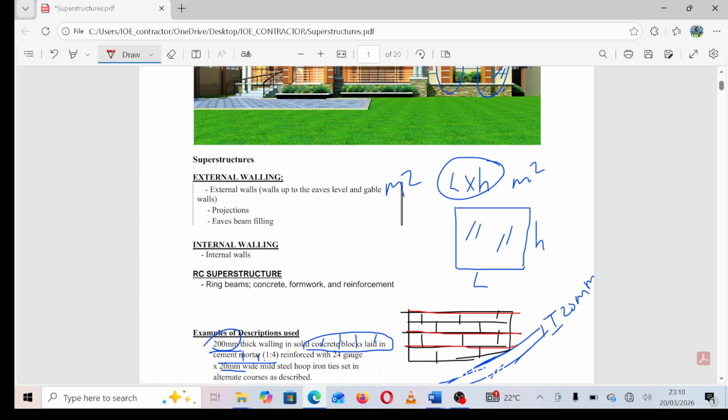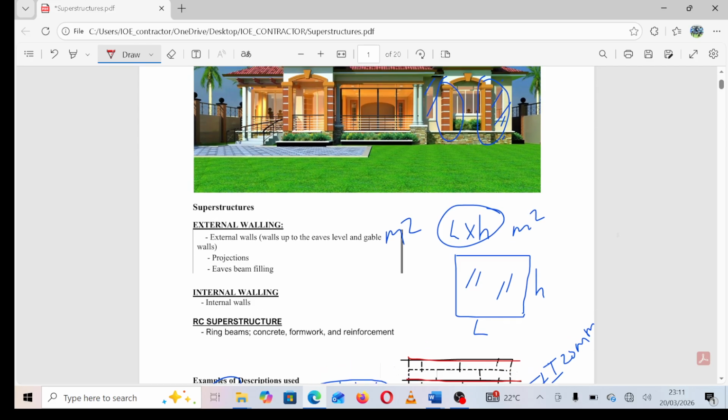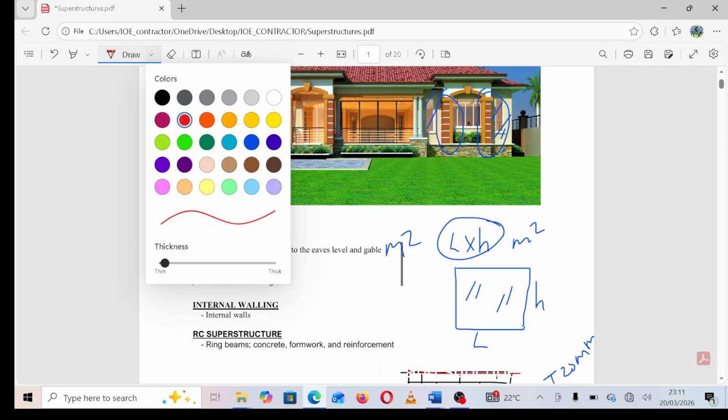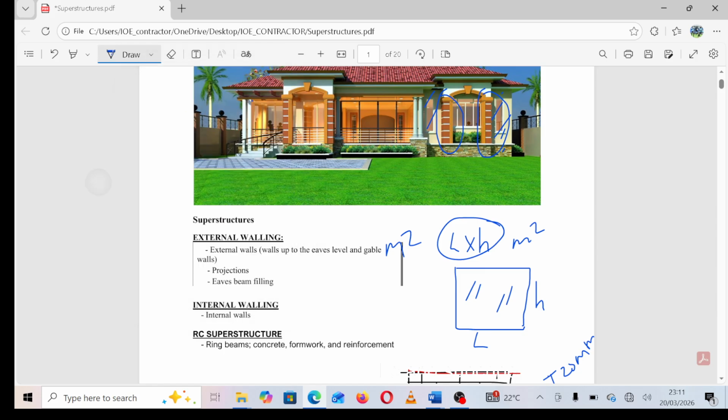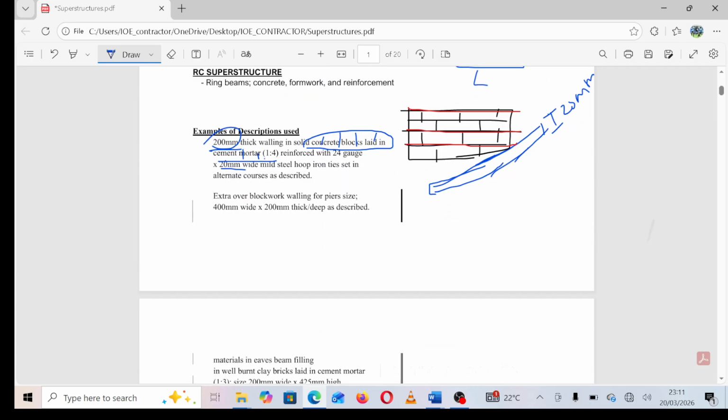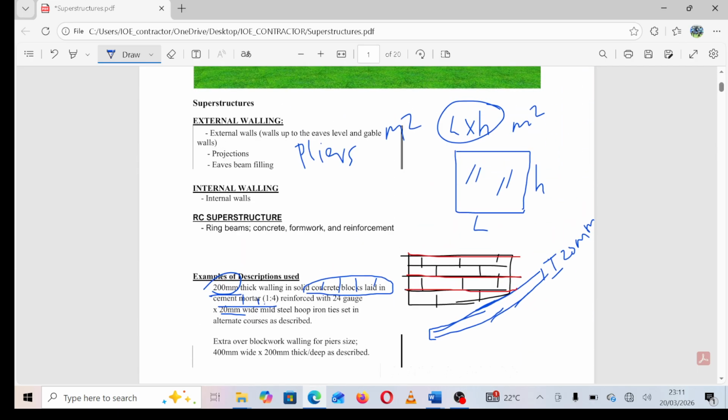It's in square meters. Then projections, I talked about projections. Now here we come across features like piers, the protrusions. I came across a description here that we can use. Sorry, the spelling.